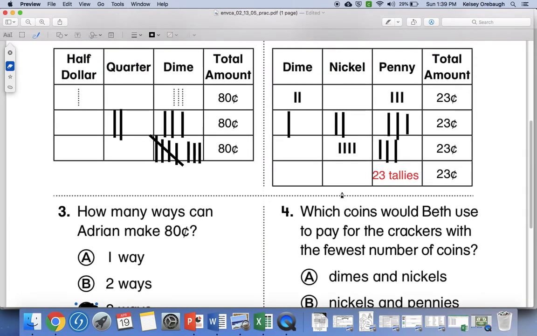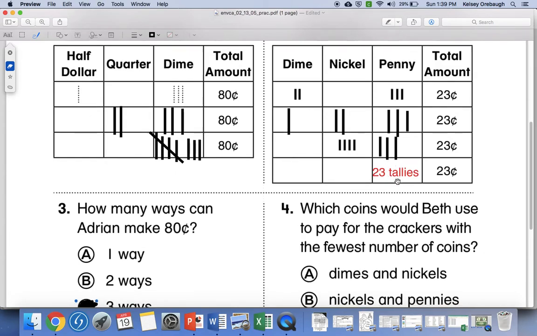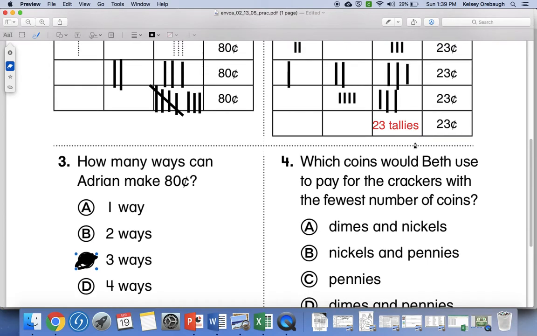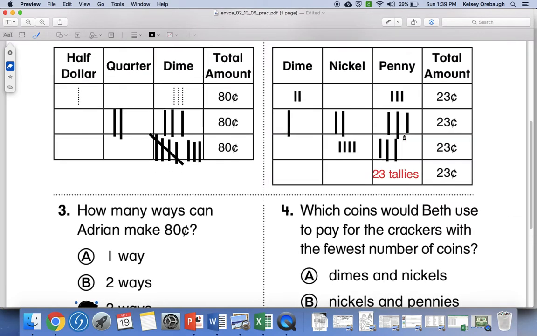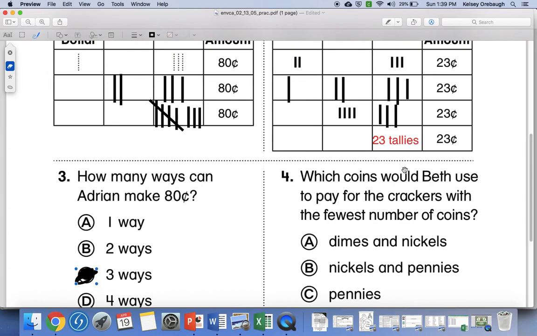Well, the easiest way to figure this out is to look at your tally marks. And we want to see the fewest number that she used. Looking in the penny category, I know that could not be correct because 23 is a lot of tally marks. That way uses the most coins, 23 coins.